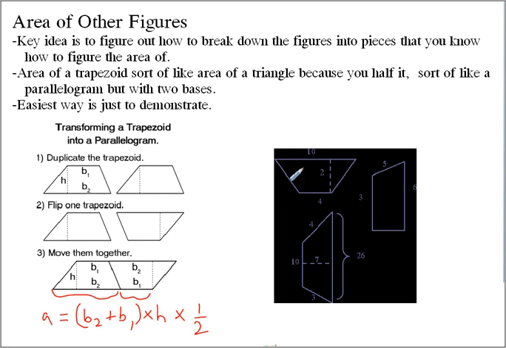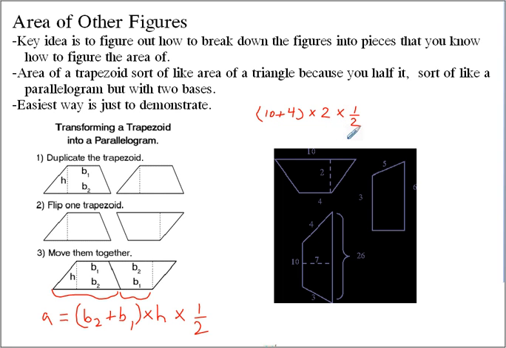As an example, these ones here are in this lovely black and blue format already. Base 1 is 10, and it doesn't matter if you do base 1 or base 2 first. 10 plus 4, so that's the base 1 plus base 2 part, times 2, which is the height, then times a half.